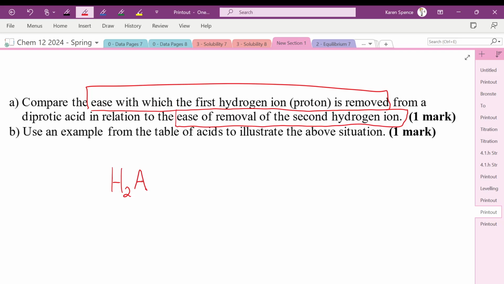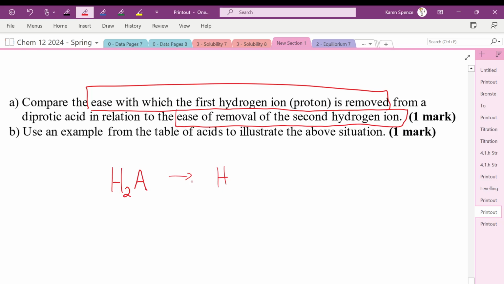What would the removal of the first hydrogen look like? Not rocket science, like literally easy. Remove one hydrogen. What would that look like? What should one of our products be? H plus. And let's just assume we're using a weak acid.